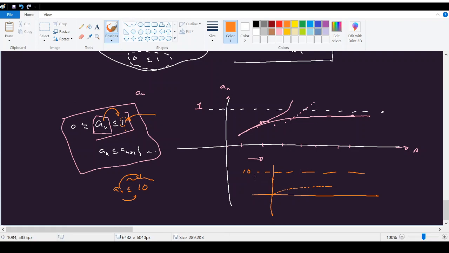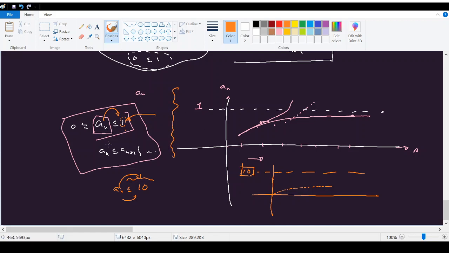So be careful, the upper bound may not be the limit of the sequence all the time, right? But anyway, keep this idea in mind.